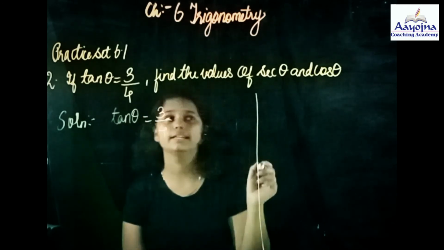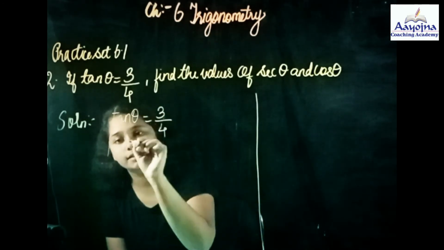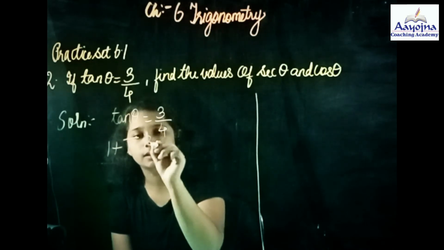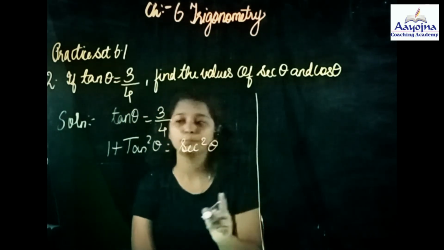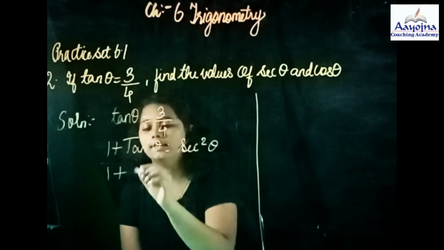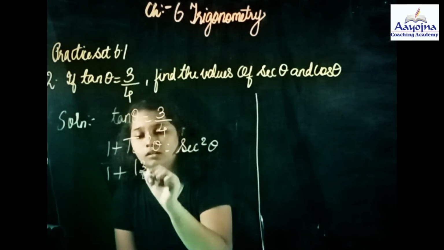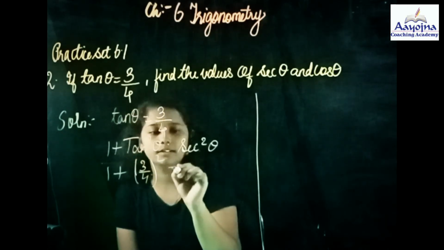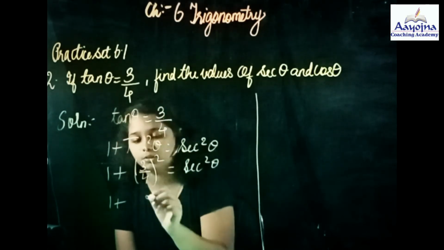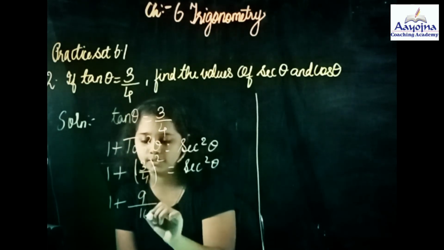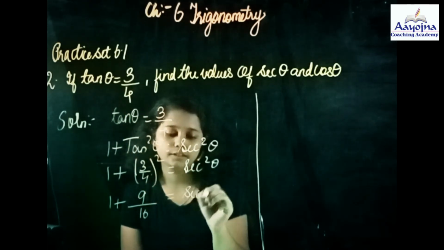Right, now we have to find sec theta. So 1 plus tan square theta is equal to sec square theta. So 1 plus tan, which is 3 upon 4, square is equal to sec square theta. 1 plus 3 square is 9 upon 4 square is 16, equal to sec square theta.